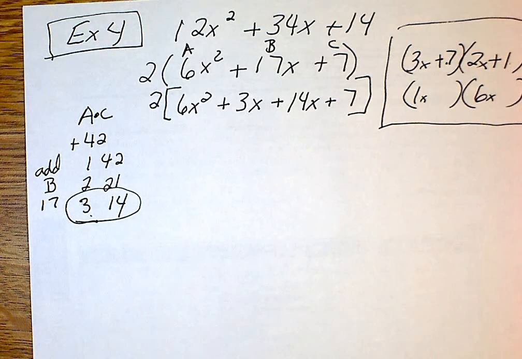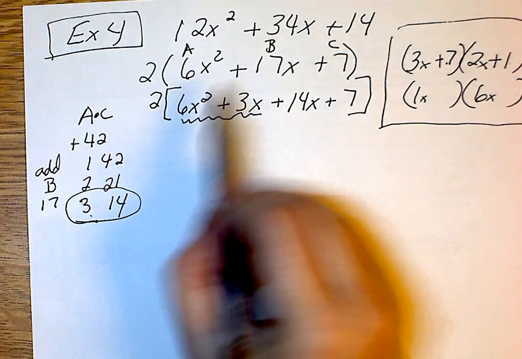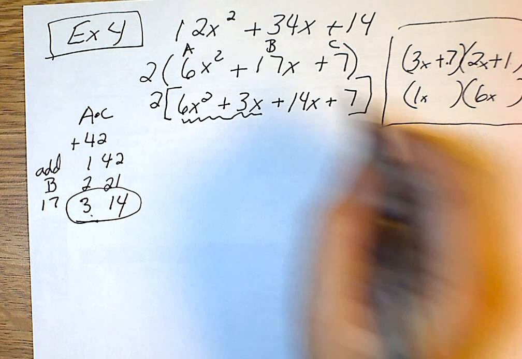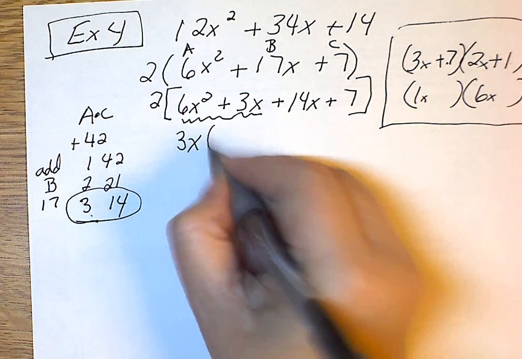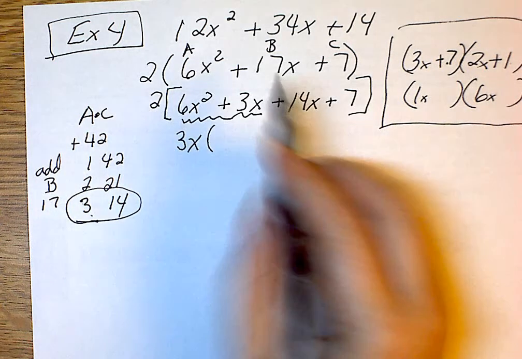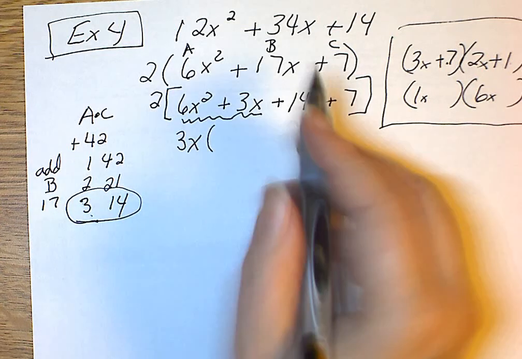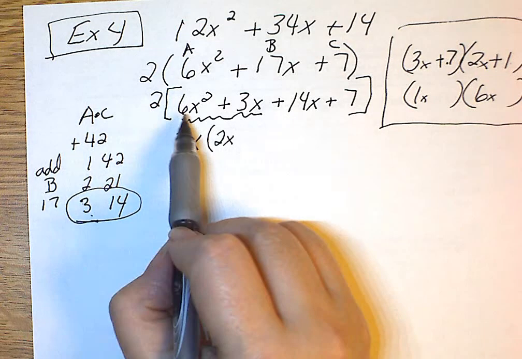You'll watch how it unfolds. You take your first two terms. What do your first two terms have in common? A 3x, right? So you pull a 3x out. 3x times what gives me 6x squared? 2x.